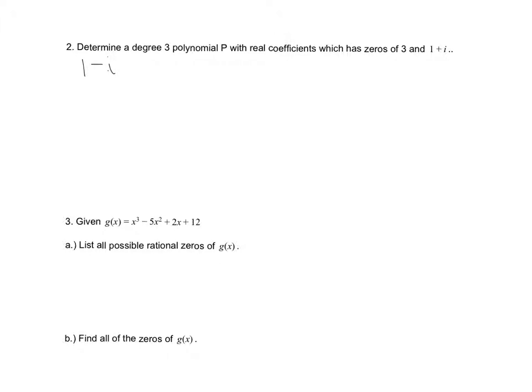So my polynomial, f of x, in factored form is going to be x minus 3, and then my complex zeros will be x minus (1 plus i) and x minus (1 minus i).